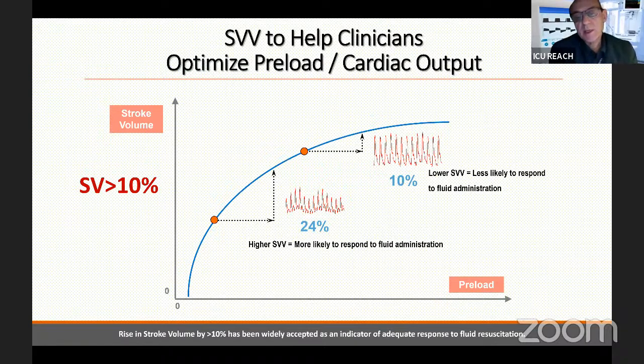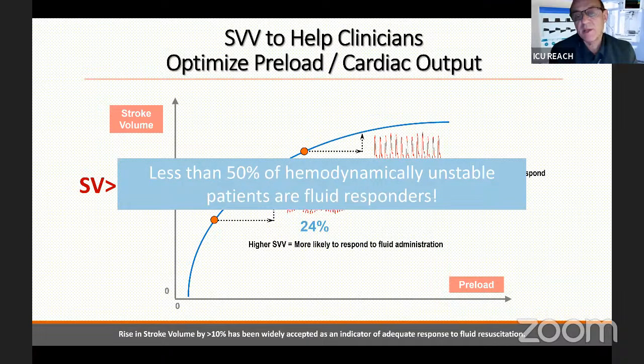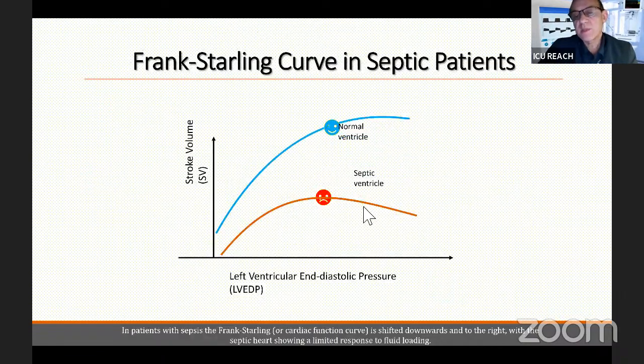And interestingly, only 50% of hemodynamically unstable patients are fluid responders. The reason is that septic ventricles have a flattened Frank-Starling curve. The curve would be shifted downwards and to the right. And those patients would show limited response to fluid loading.